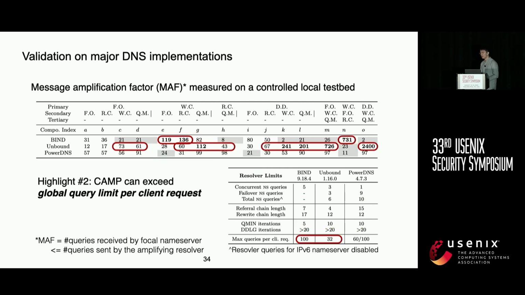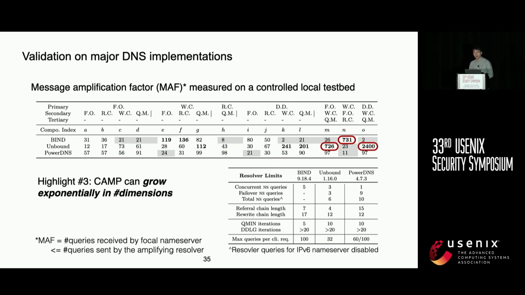And second, most resolvers try to set a global query quota per client request, like 100 for BIND and 32 for Unbound. But this mechanism can be bypassed if it's not implemented properly. As you can see, this actually happens in many cases in our evaluation. So last but not the least, as the composition's dimensions increase, the multiplicative effect of CAM can become exponential.